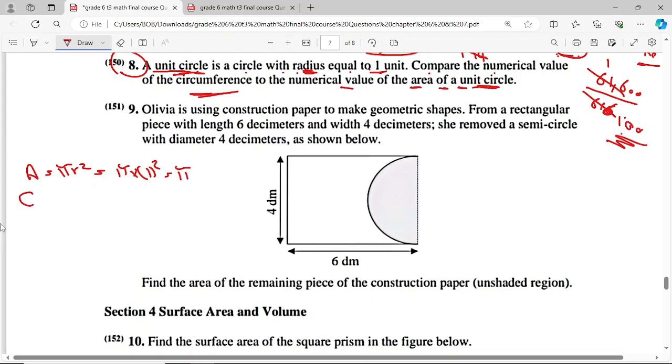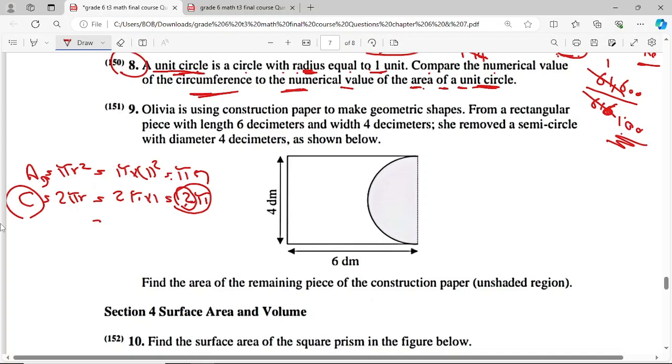Now the circumference of the circle is 2 pi r, so it will be 2 pi multiplied by 1, which is 2 pi. That means the circumference is bigger than the area, right? So this is the comparison: the circumference is bigger than the area.